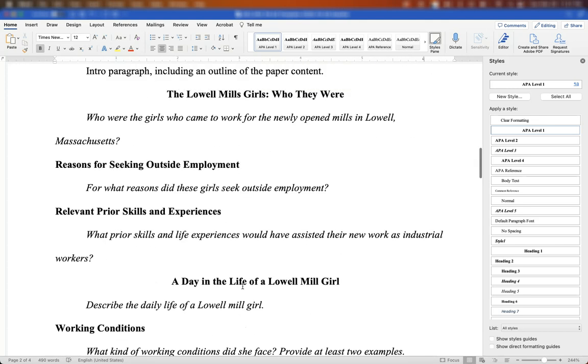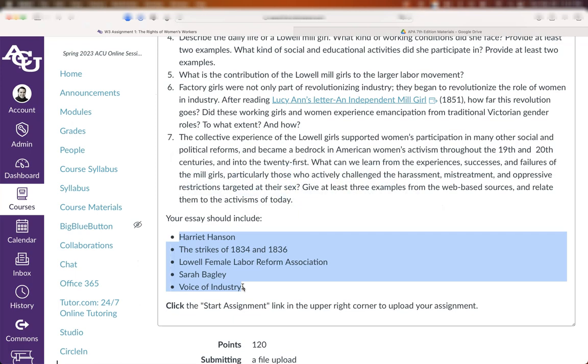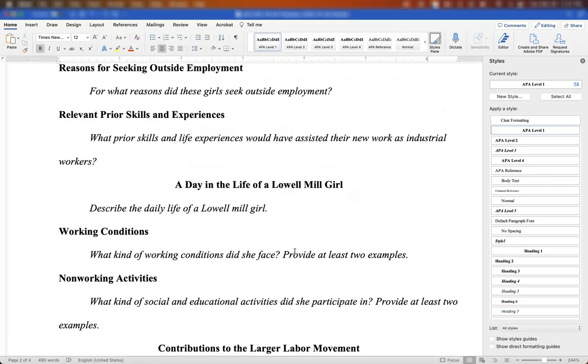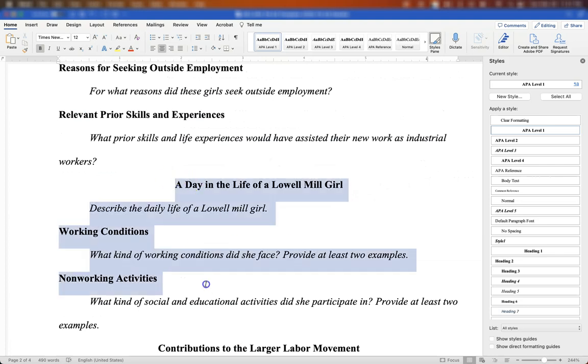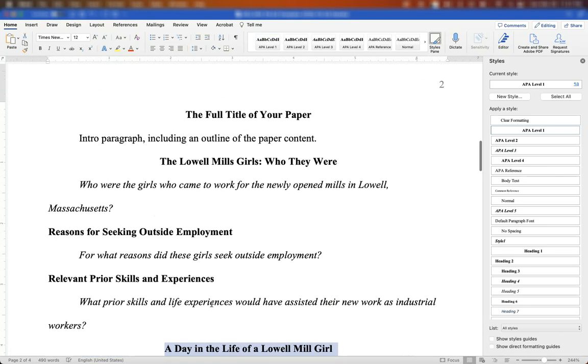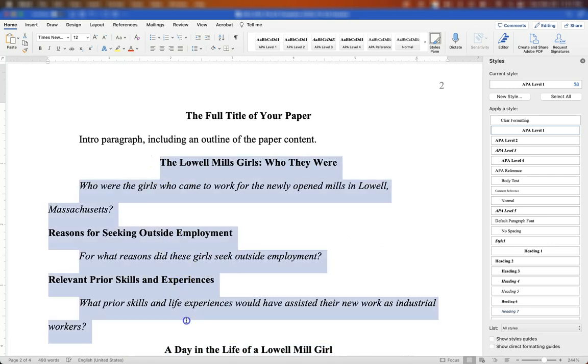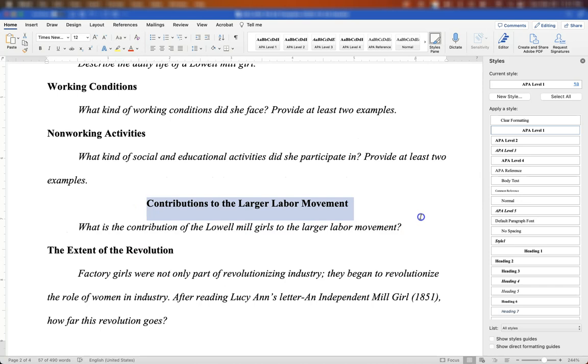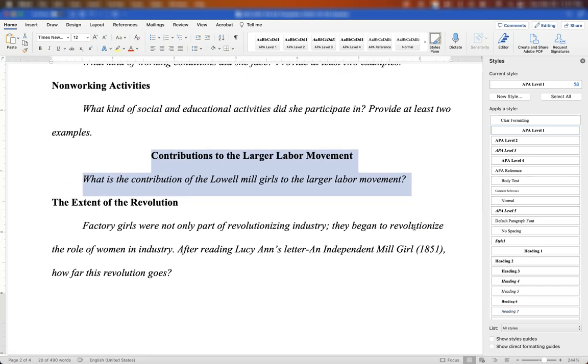So, for example, probably the strikes of 1834 and 36 are probably not going in this section, and may or may not be in this section, but I would say probably would be very relevant to discuss somewhere in this contributions to the larger labor movement.